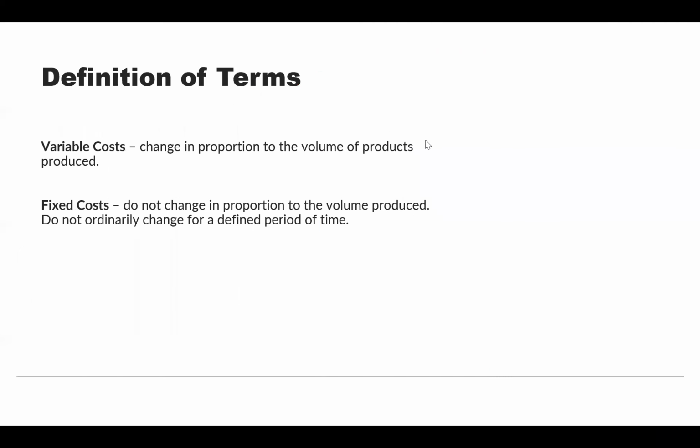The first thing I want to make sure we're all clear on is variable costs and fixed costs. I was giving this a lot of thought the other day because, when we're talking about farm business management, a lot of times we use the same term differently in different situations.